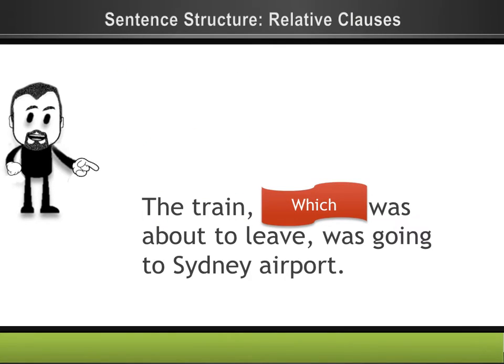So the answer is, of course, a train is a thing. So the best choice is which, not who or where or when, but which. The train, which was about to leave, was going to Sydney Airport.